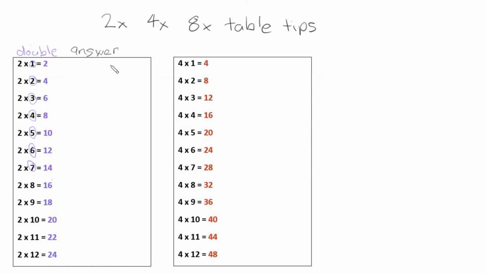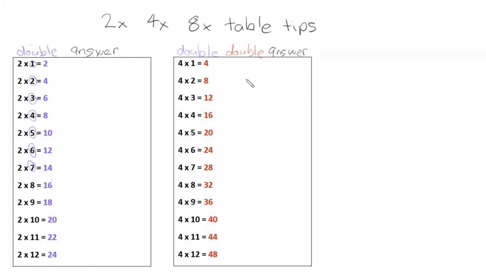This idea of doubling is very, very important, and we're going to do it again. So here, essentially what happens again with these numbers is we double, then double again, and then we get the answer.